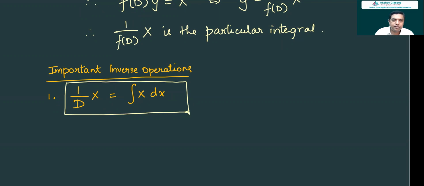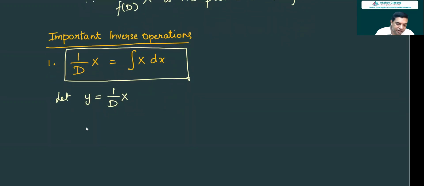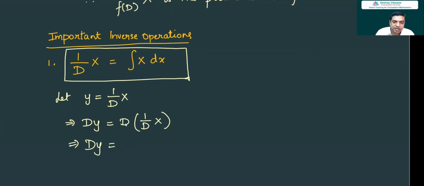How? Let y be 1 by D times x. So D y is D over 1 by D times x, which implies D and D cancel, and you get x.